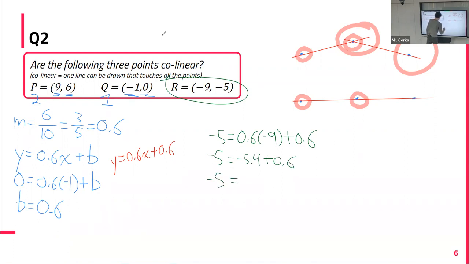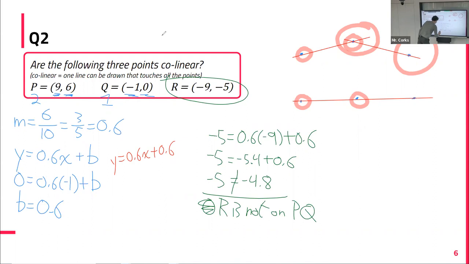So this is saying that -5 is equal to -4.8. And that's obviously not true. So do they line up or don't they line up? They don't line up. Impossible result. So not on the line. R is not on PQ, therefore not collinear.